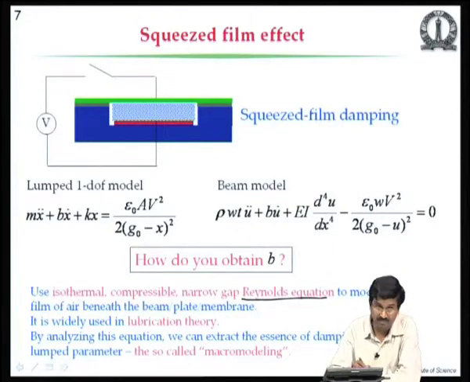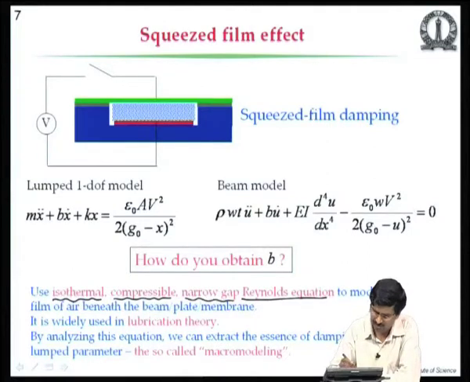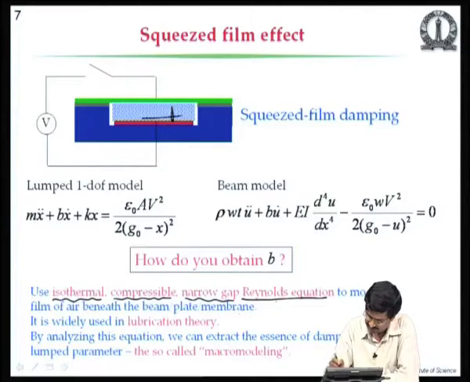It is isothermal, the temperature is not changing, compressible because you are squeezing the air, and narrow gap. So, you assume that along this y direction your pressure is not changing, pressure is changing only here, but not in this direction over here. Okay. And the film of air is very thin, that is the narrow gap I already said.